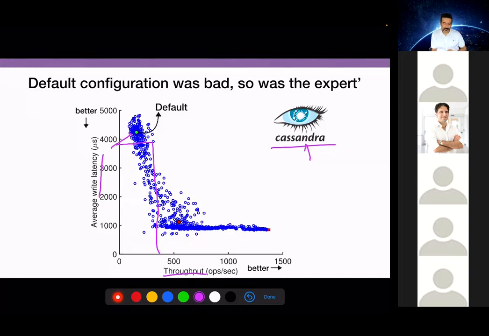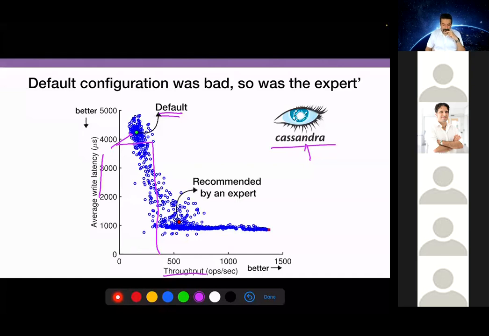This was the default configuration for Apache Cassandra. As you can see, it's really bad. It's located in the upper percentile with respect to the write latency, and is actually located in the lower percentile with respect to the throughput. So it's not really a good configuration to start with.